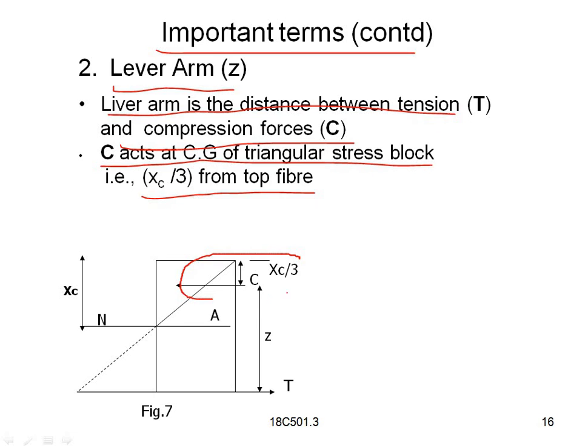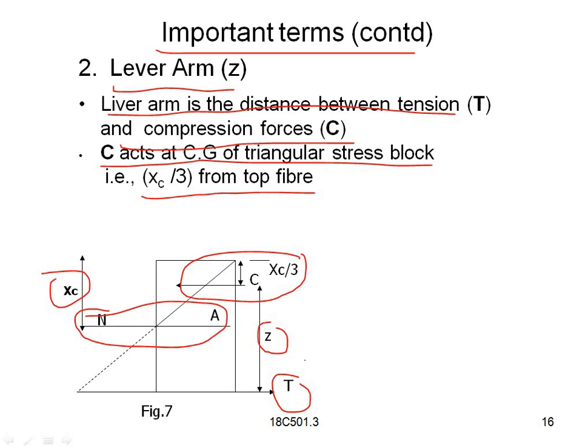From the top fiber the neutral axis is there, XC is the distance, and Z is the lever arm. This portion is called the lever arm, the distance between the tension and compression, and T is the tension force.